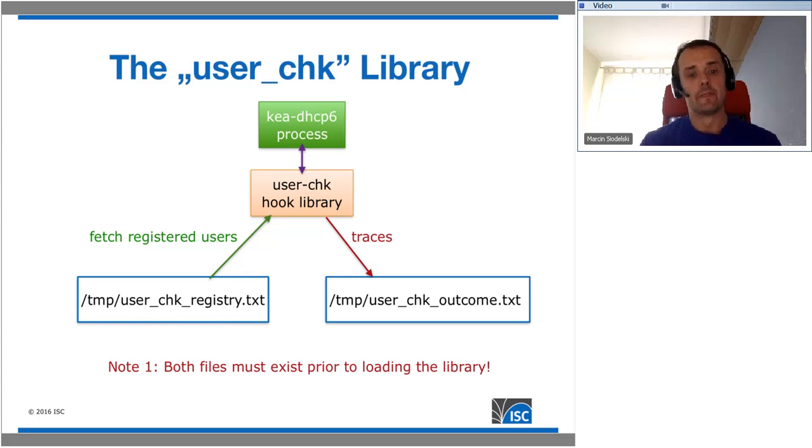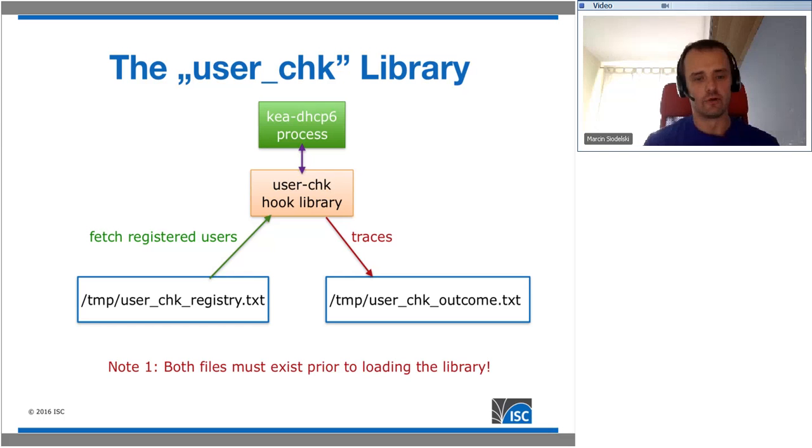And then the user check library requires two files, the two TXT files. They are located in some default locations that can be changed. They're currently hard-coded. So this is /tmp/usercheckregistry.txt, and the other one is /tmp/usercheck outcome.